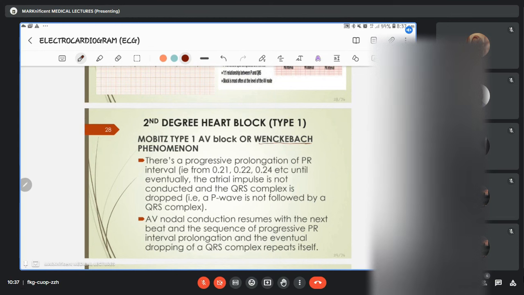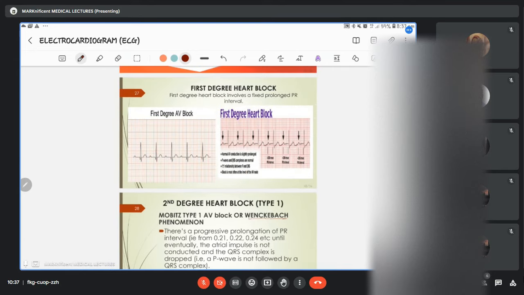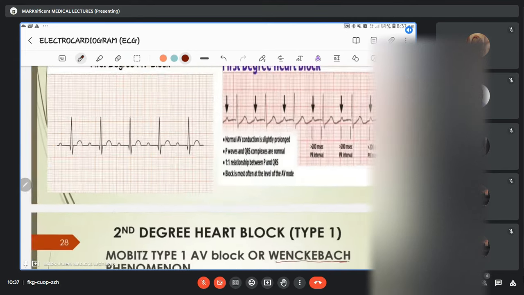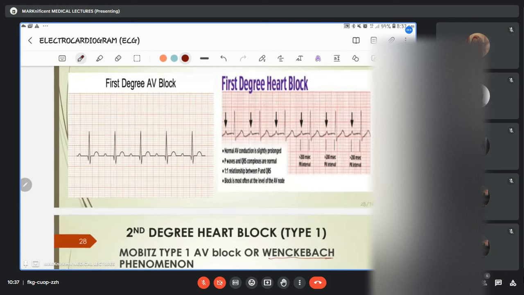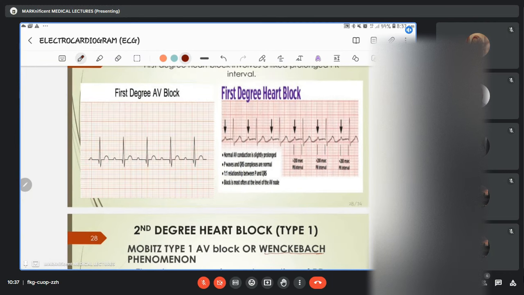So what happens is that there is progressive prolongation of the PR interval. Now here, in first degree, it's not progressive. It is the same. There's prolongation, but it's the same. If the PR interval is supposed to be 0.2, as I said up there, in first degree, because there's prolongation, it means that it is greater than 0.2 seconds, right?